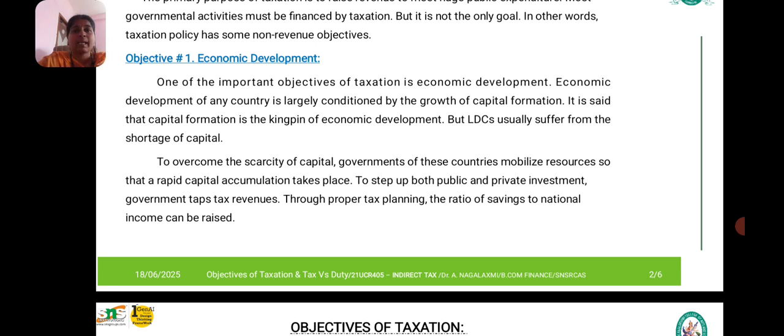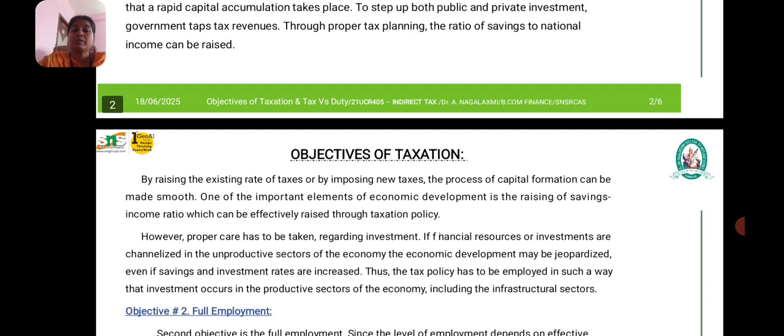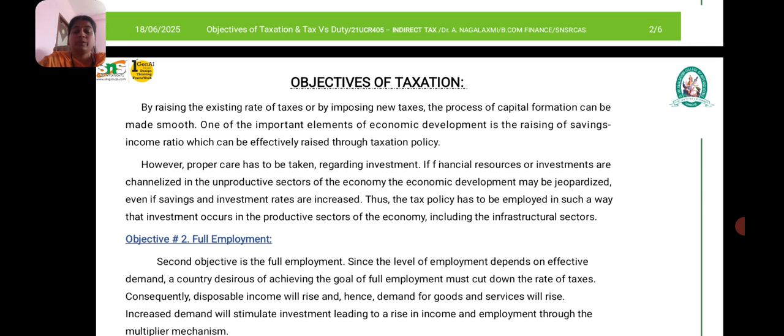They should raise capital, and that capital accumulation has to be used for the economic development of the country. What are all the types of economic development? We know they have to spend on education, health care, electricity, water, roadways, and so on.